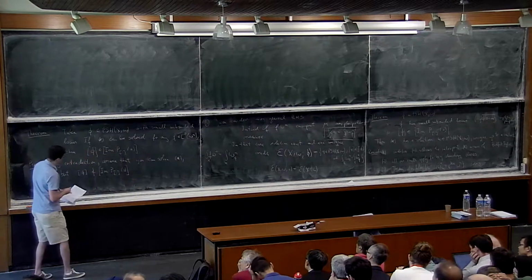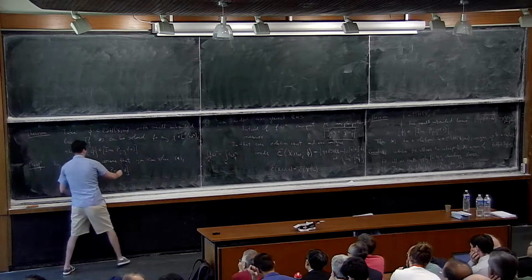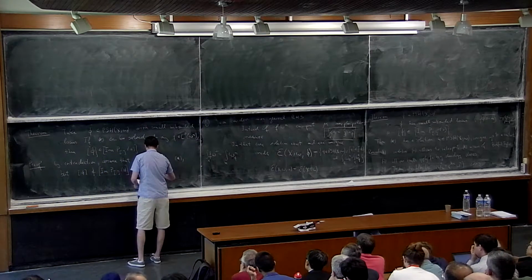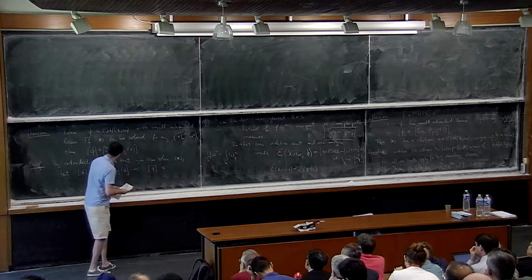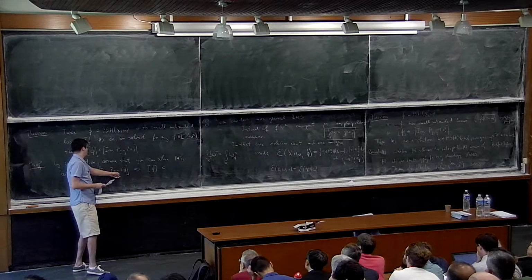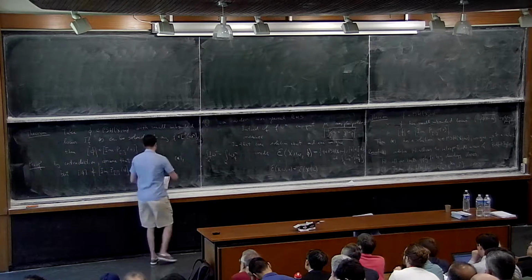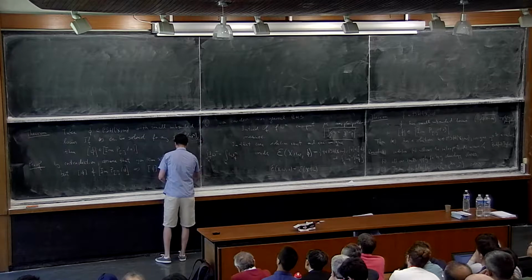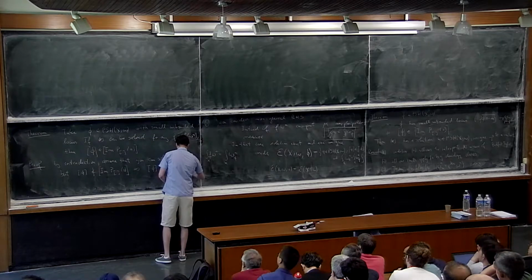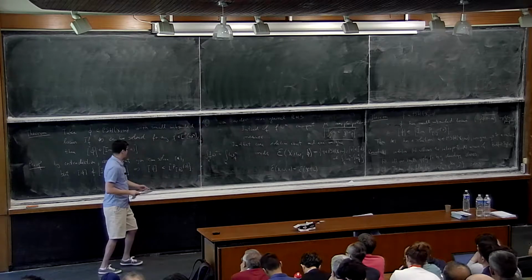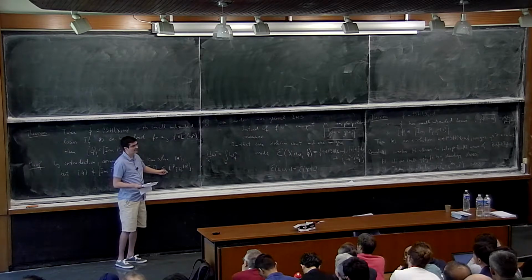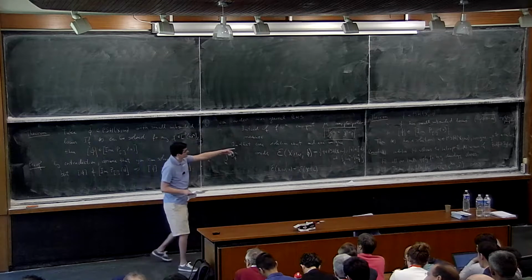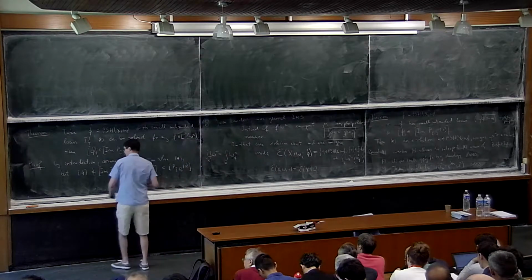Okay, so this implies the following. In particular, the singularity type of phi has to be strictly less than the singularity type of P of phi. It should be strictly less. Right? Because in case they're equal, then obviously the singularity type of phi has to be in the image.